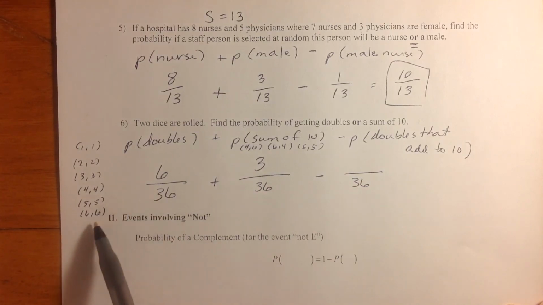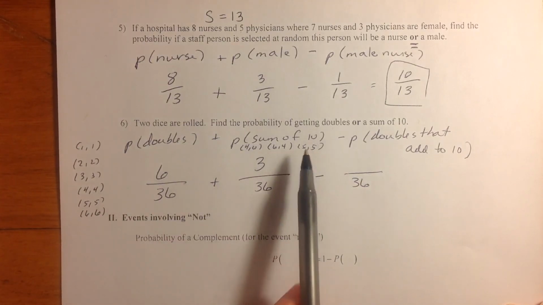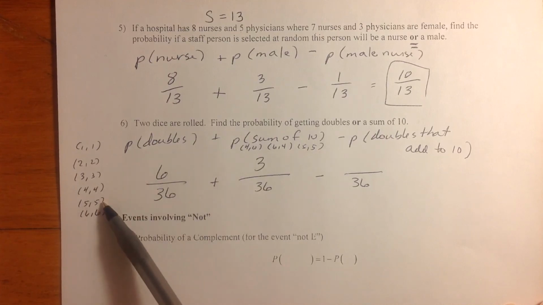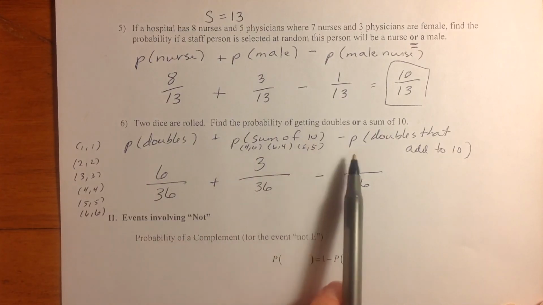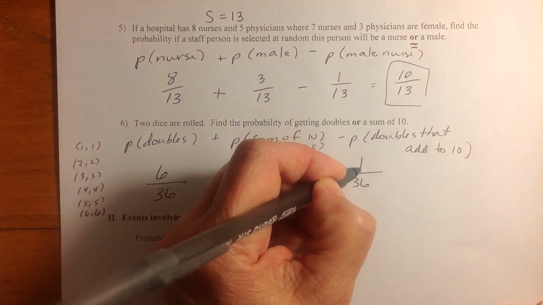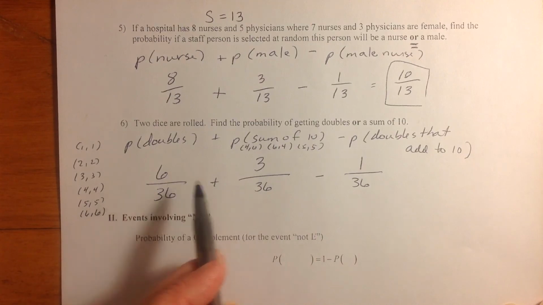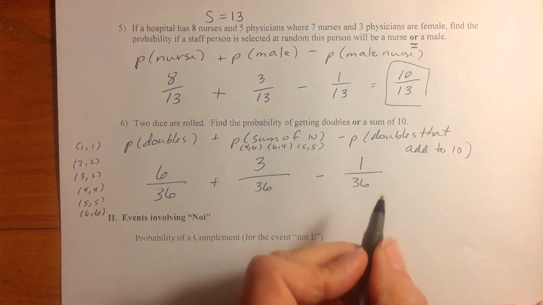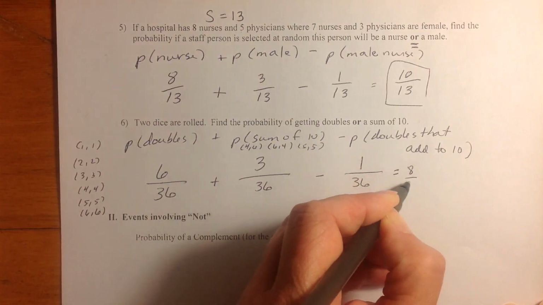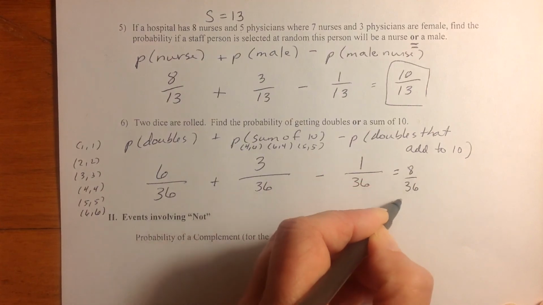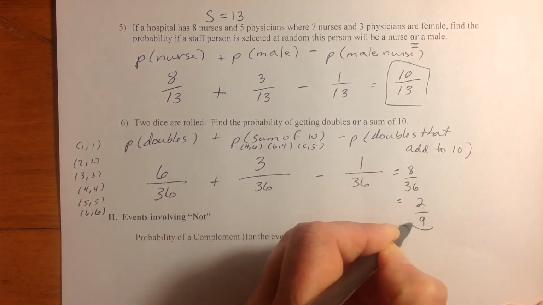But now from our list, what has been repeated? Which answer is in both? Well, 5, 5. It's a double, and it adds to 10. But it's only going to happen one time, right? So we can't count it duplicate times. So we're going to get our answer of 8/36, which reduces to 2/9.